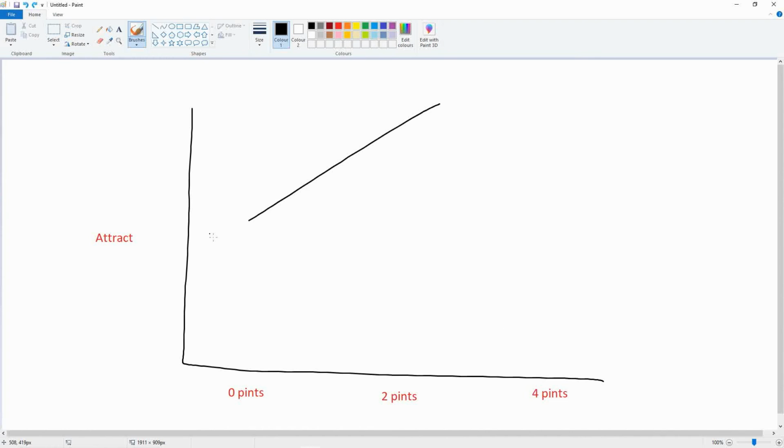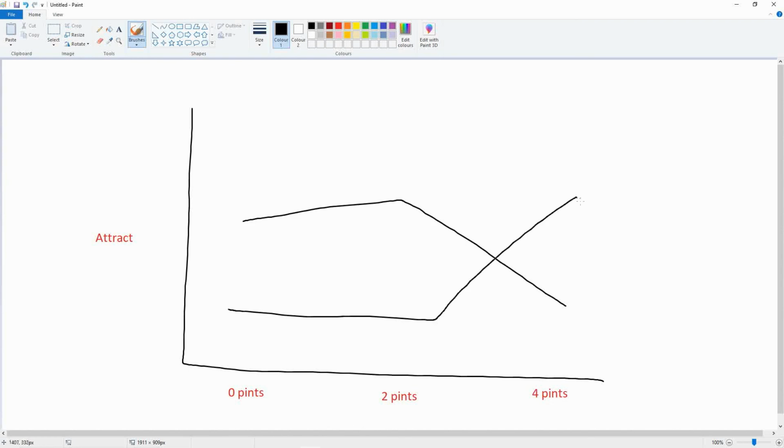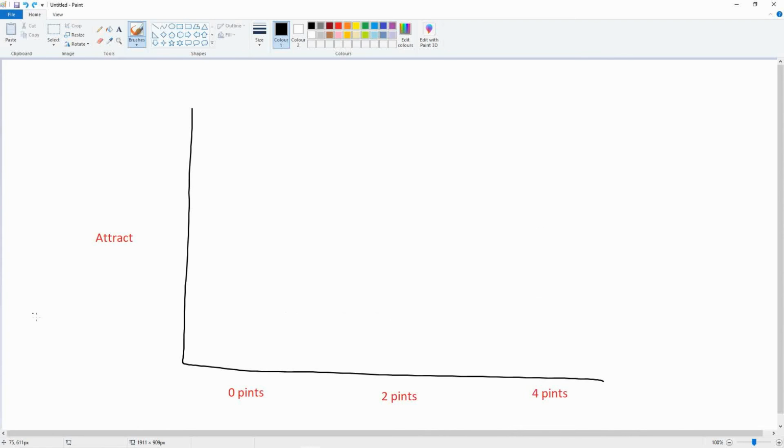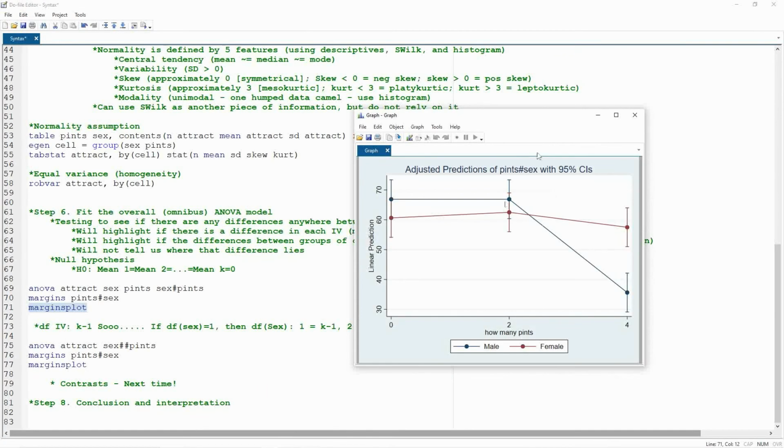But a disordinal interaction is where, for your data, at some point your lines cross over. So here, this makes it disordinal. Not that eventually this will cross over. It is the actual crossing over within the range of your data. Cool.